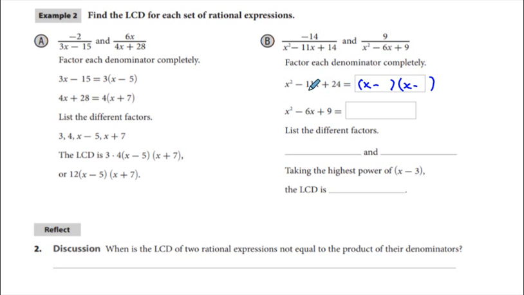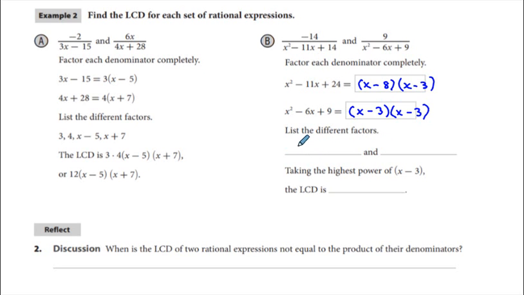And then what two numbers multiplied together are 24, but added together are 11? Well, they're going to be 8 and 3. And then for x squared minus 6x plus 9, we're going to have x minus 3 times x minus 3.